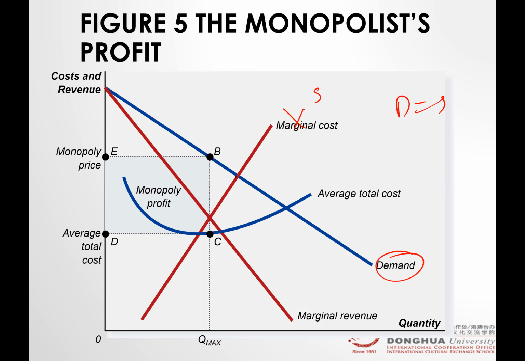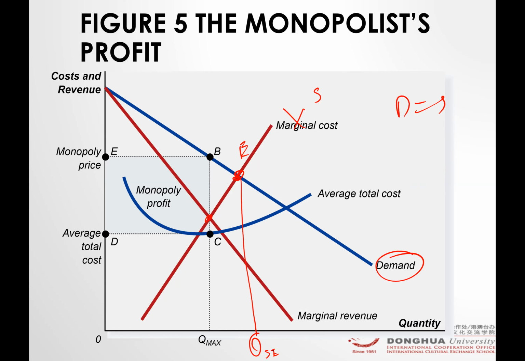So it should produce at this equilibrium, which is the socially acceptable equilibrium. But instead, they are producing where MC is equal to MR, and they are producing less than the socially efficient point, where demand is equal to supply.